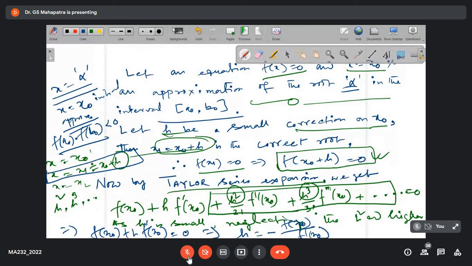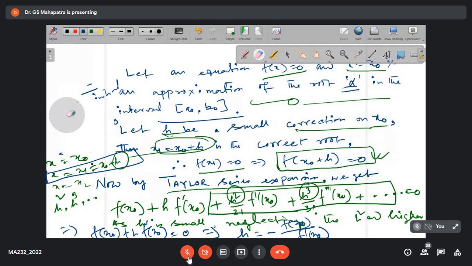I will erase this side a little bit. The initial solution is that one, and we are improving it. So h equals minus f of x naught divided by f dash x naught.